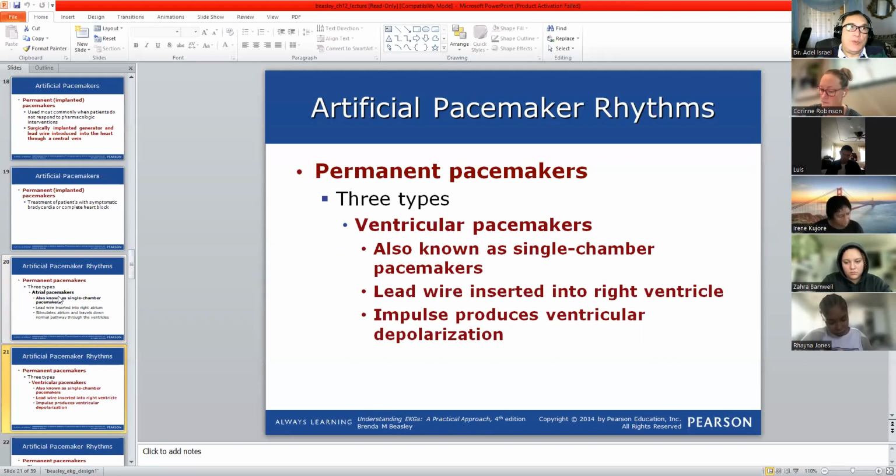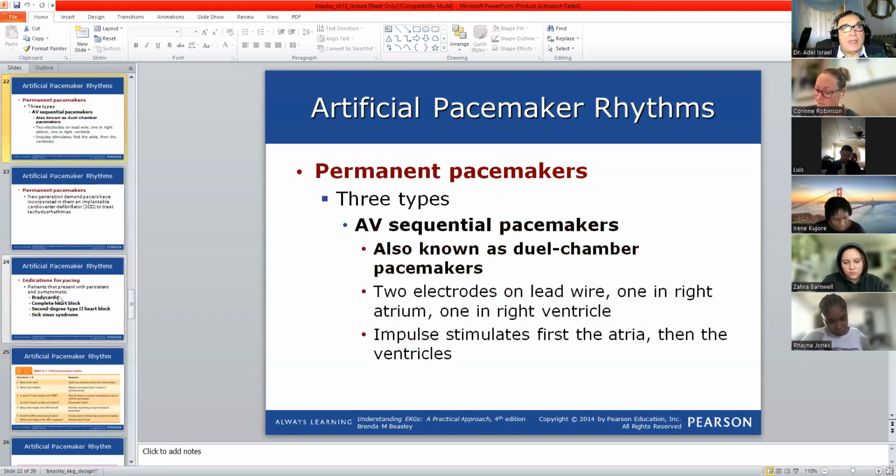Or dual, in the atrium and ventricle, and we call it a dual chamber pacemaker. Clear? So the wire can be in one chamber, right atrium or right ventricle, or we place two wires, one in the right atrium and one in the right ventricle.